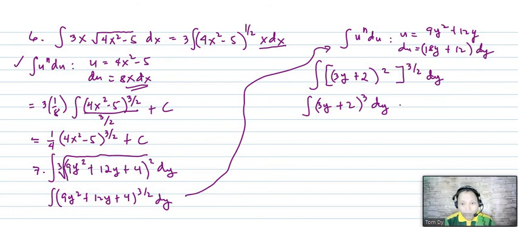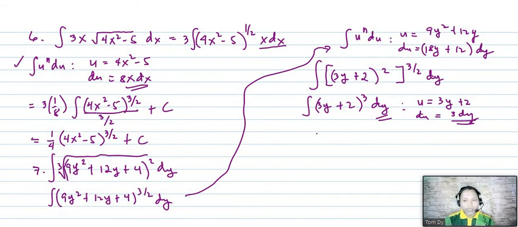So when we apply this time, we will now use this formula, u to the n du. Our u is equivalent to 3y plus 2, and our du is equal to 3 dy. This is 3 dy. This is dy. Therefore, we can now apply u to the n.